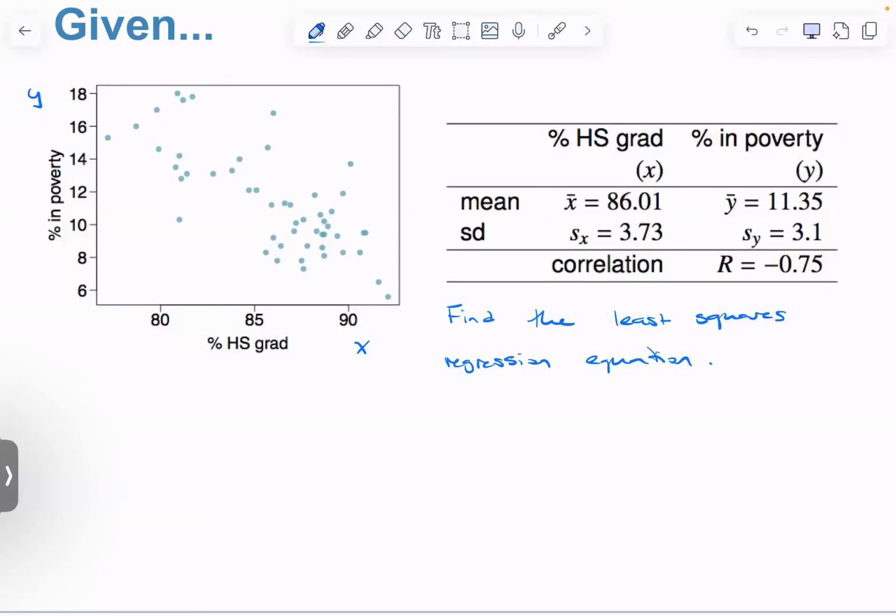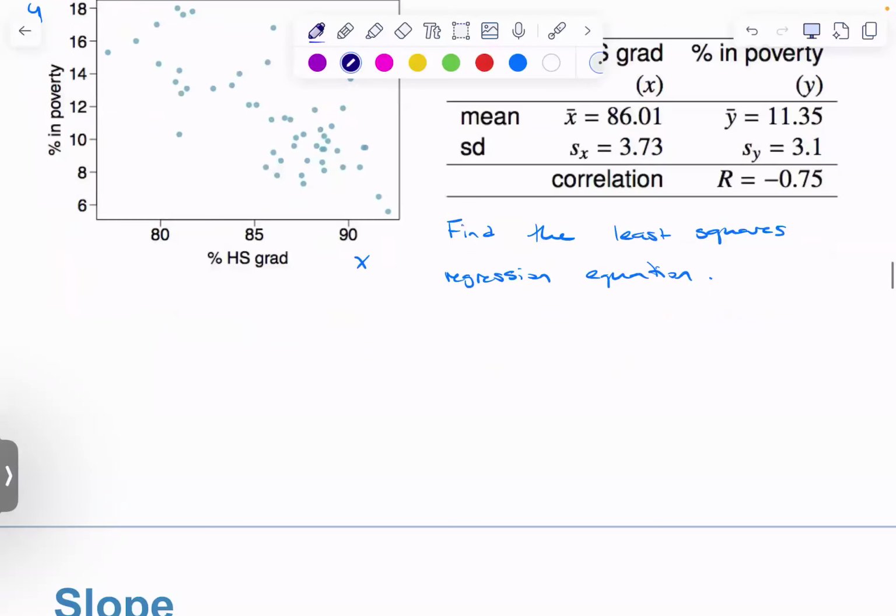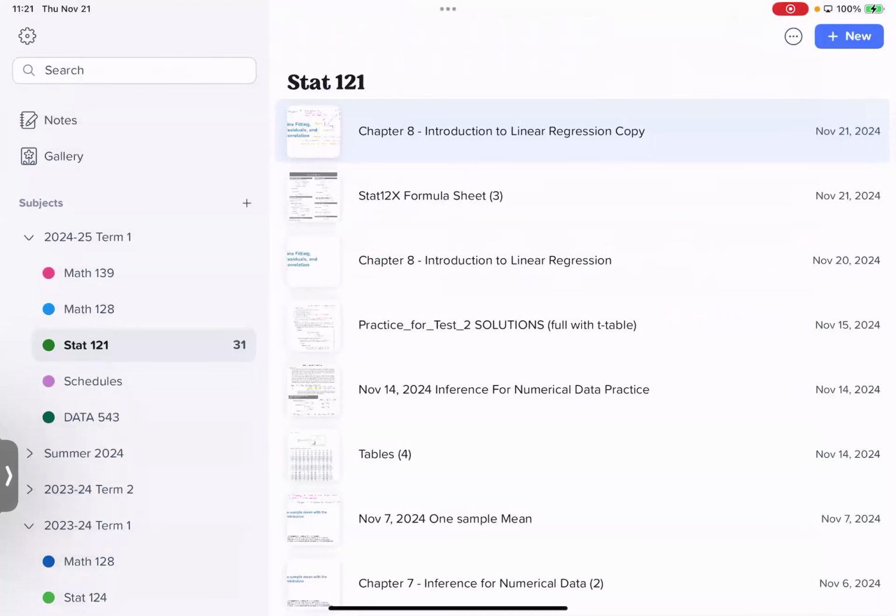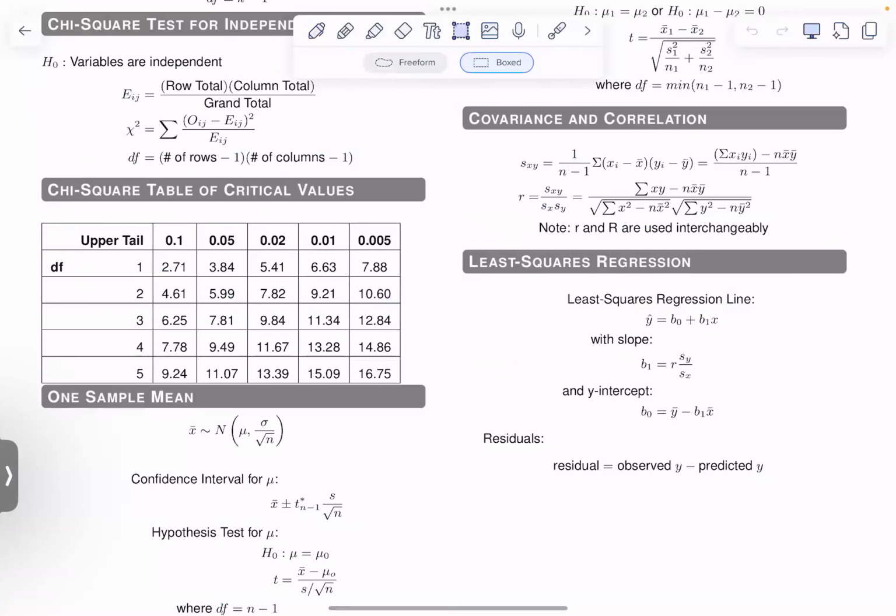Okay. From our formula sheet, I'll grab it so you can see it happening.